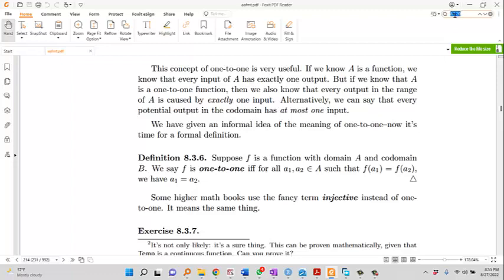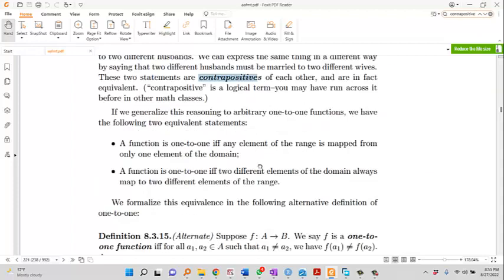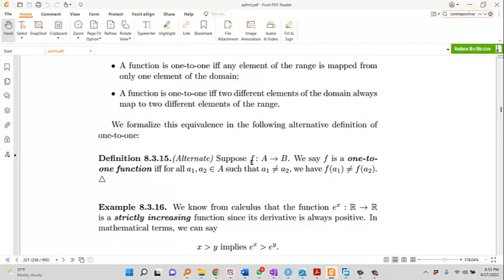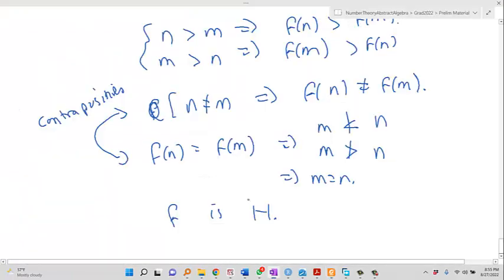On the other hand, if we look for the word contrapositive, we have definition 8.3.15. f is one-to-one if for all a1 and a2 such that a1 is unequal to a2, we have f of a1 is unequal to f of a2. That's the statement here: n unequal to m implies f of n unequal to f of m.